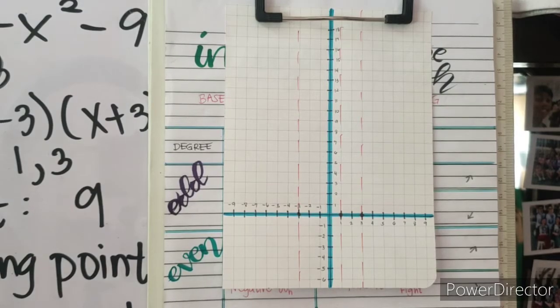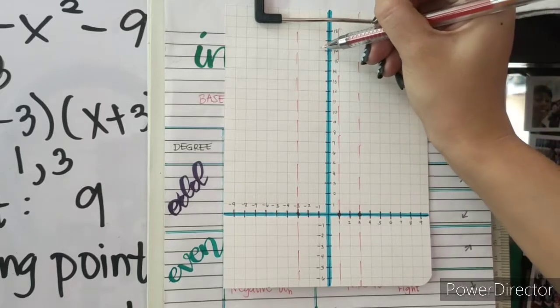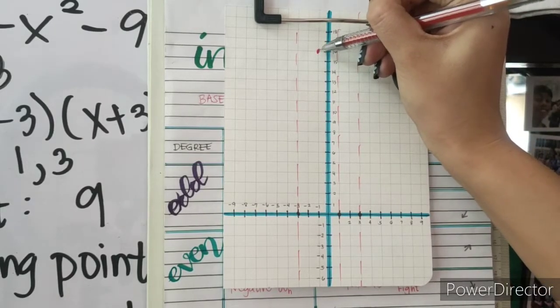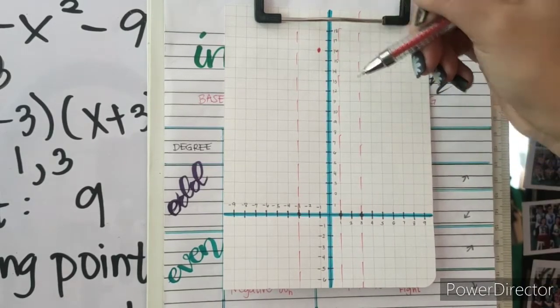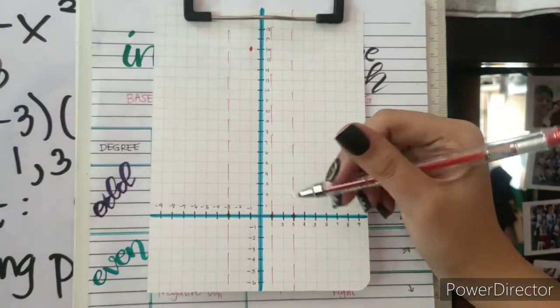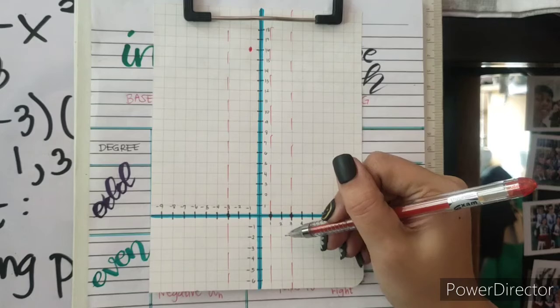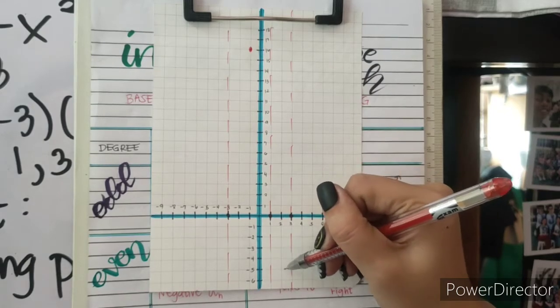So, this is -1 and then 16. And then we have 2 and -5. So, this is 2. And then -5 is 1, 2, 3, 4, 5.